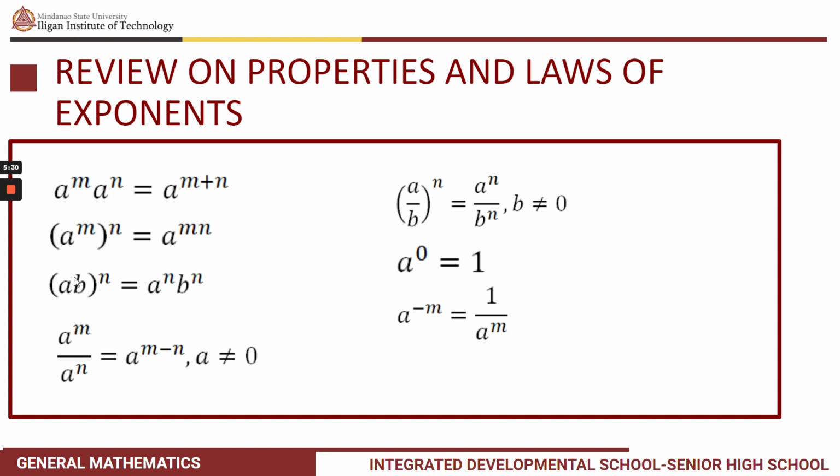And lastly, we have a raised to a fraction, m over n. The numerator of our exponent becomes the power of a, and the denominator becomes the index of the radical. So we have the nth root of a raised to m.